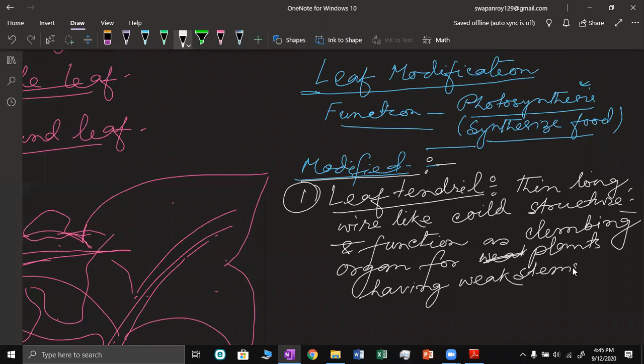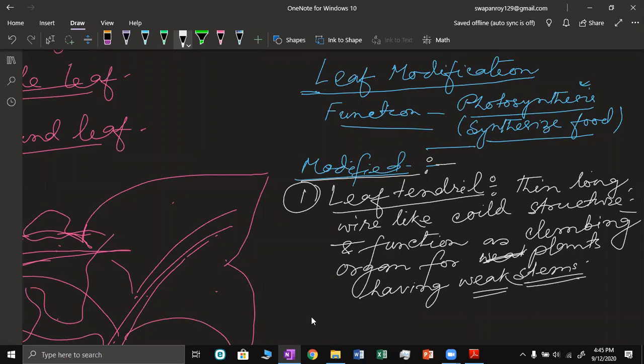Weak stems means many of the plants cannot stand erect, their stems are very weak.